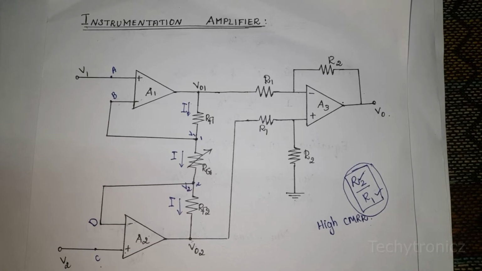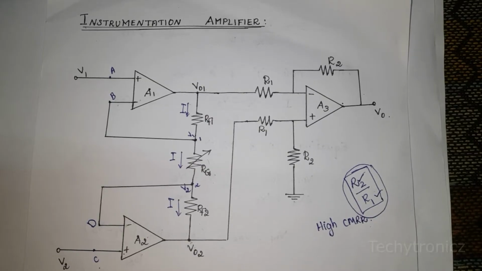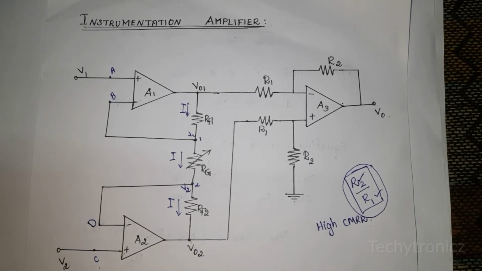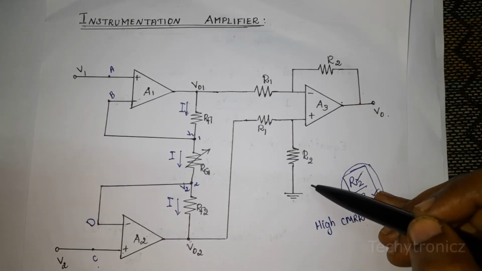Commonly, we are using the differential amplifier. The disadvantage of the differential amplifier is that the gain of the amplifier cannot be easily changed. We would need to change two resistance values and still maintain an equal ratio between R2 by R1. So this is the differential amplifier circuit.